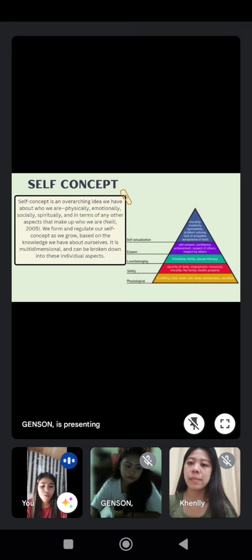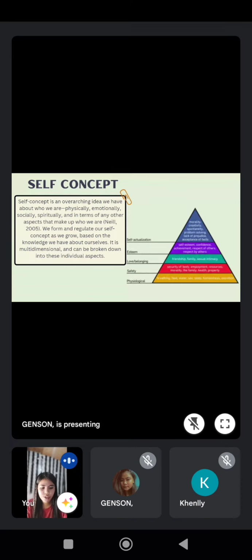As we grow, our self-concept changes, because through our interactions with others, like our family members, friends, and other people in our lives, they contribute to our self-identity. They are very different from self-efficacy. Self-efficacy is our belief in our ability to succeed in particular situations, while self-concept is how we view ourselves.